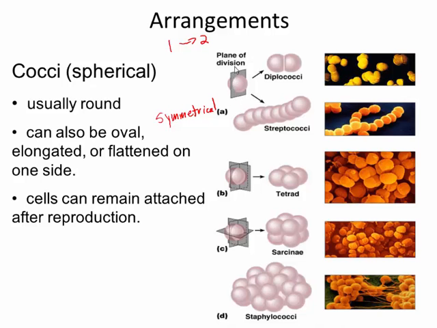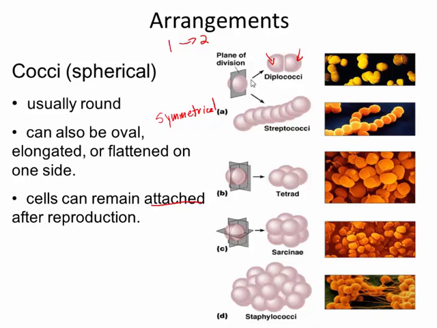Here's what I mean by that. If they divide along a single plane from top to bottom here, they often remain attached after they're done. So each cell, after it divides, represents an individual bacterial cell, but often they could be tethered together.